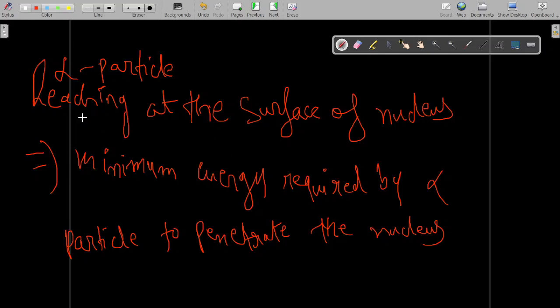What does it mean? The alpha particle reaching at the surface of the nucleus simply means that it is the minimum energy which is required by the alpha particle to penetrate the nucleus.